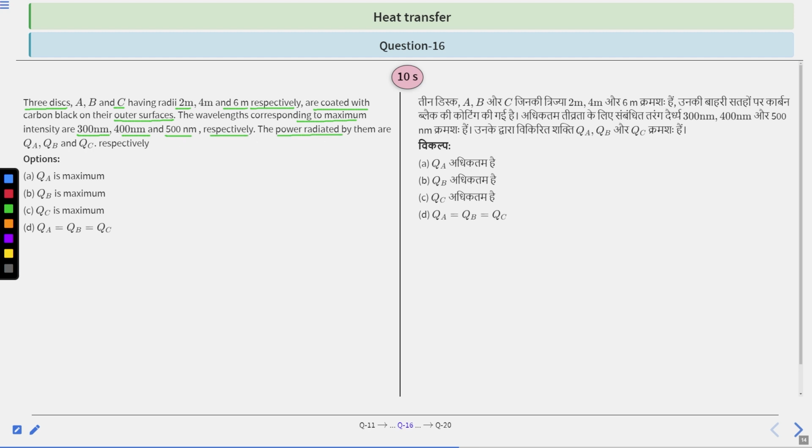The power radiated by them are QA, QB and QC respectively. Which one is the correct option? QA is maximum, QB is maximum, QC is maximum, or QA is equal to QB equal to QC. You have 10 seconds to solve this question. After 10 seconds, we will provide the solution.